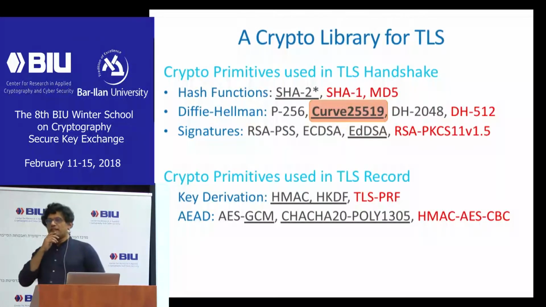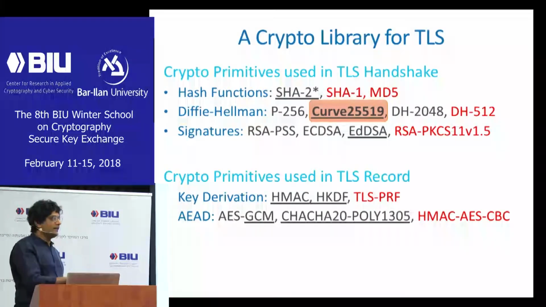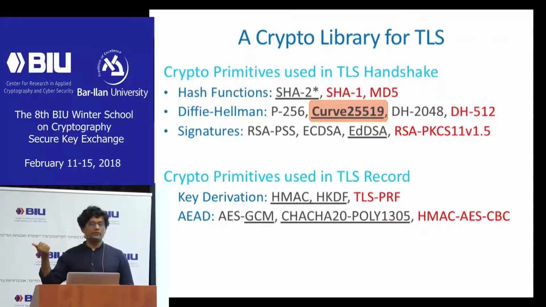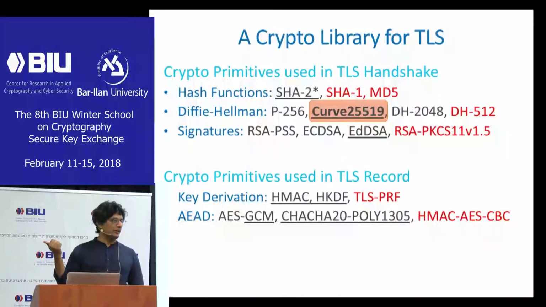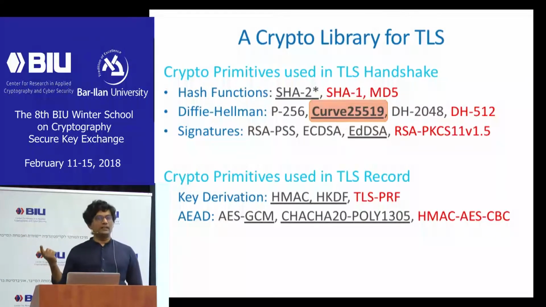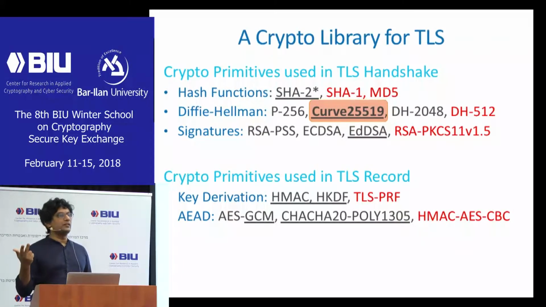So suppose you wanted to build a crypto library for TLS, because all TLS libraries obviously require a certain set of crypto primitives, right? In particular, they need hash functions. They need SHA-2 for sure. Hopefully they don't need SHA-1 or MD5, but they probably do right now. They need Diffie-Hellman, for which typically right now you would use P256, the NIST curve, or this curve called curve25519, which is becoming more and more popular.